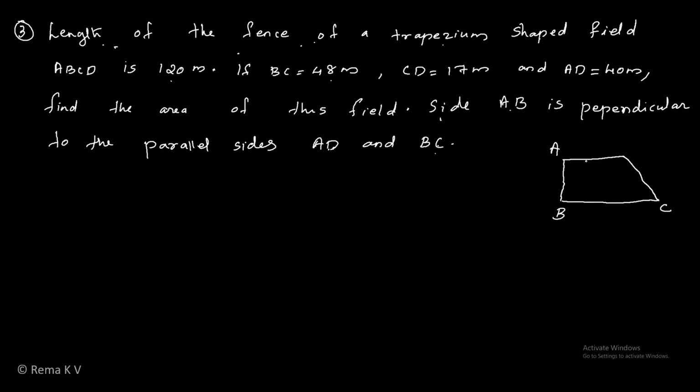AB is perpendicular. So ABCD. Now mark the sides here. BC 48 meter, AD is 40 meter, CD is 17 meter.